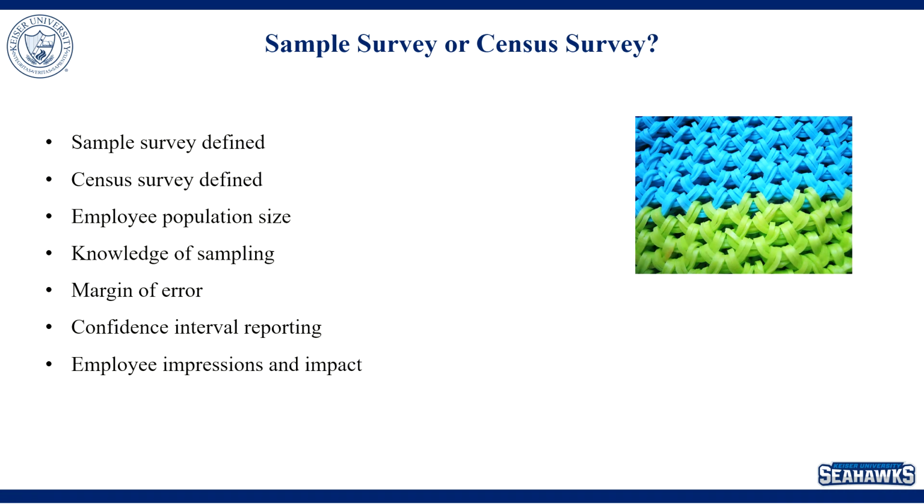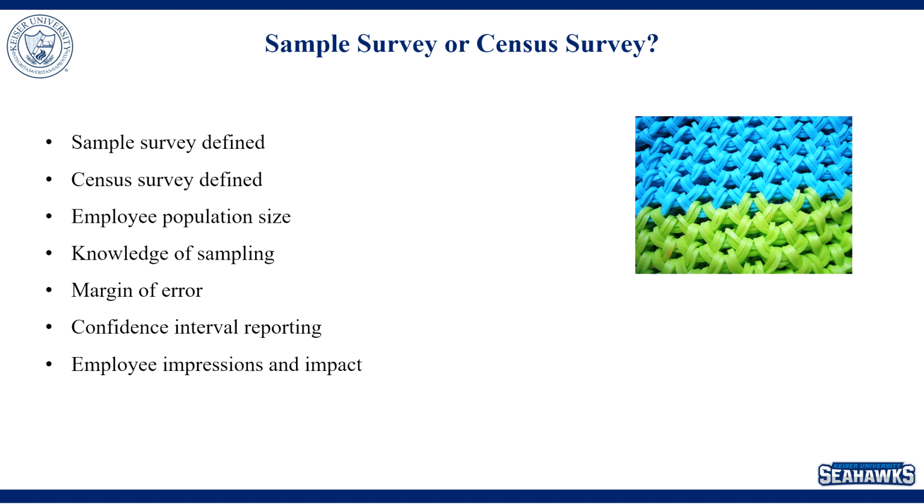This will also contribute to margin of error because, for instance, if there are 10,000 employees and only 10 are sampled, then obviously there's a larger margin of error, and these values should be reported. Many times the statistical values may be difficult to understand, so they should also be properly explained to employees.